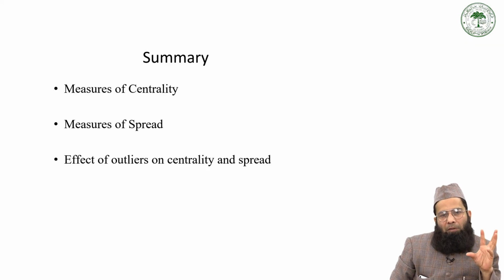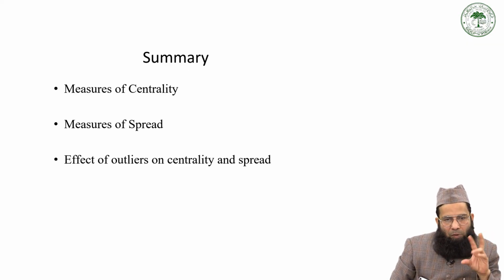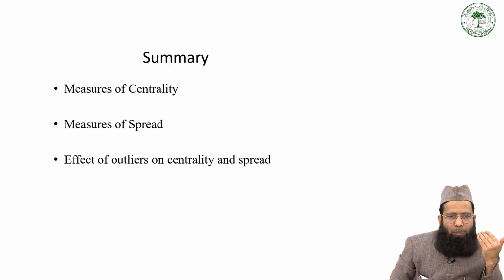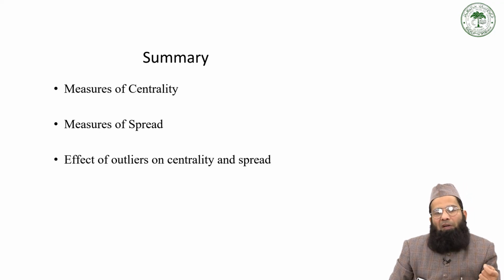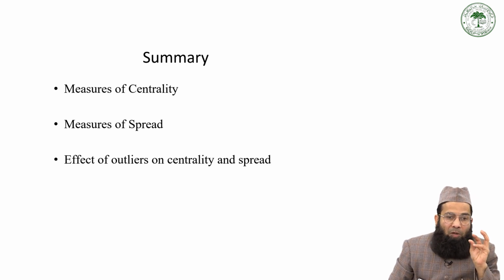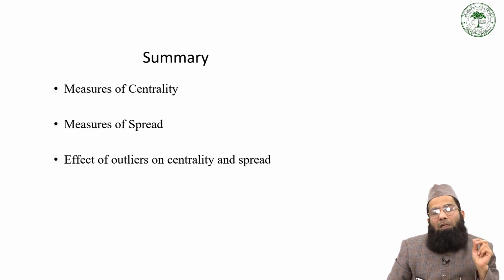If I am talking about centrality, the mean is affected so much because of outliers. Similarly, range will also get affected because of outliers. And what about variance and standard deviation? What do you think, will outliers affect variance and standard deviation or not?